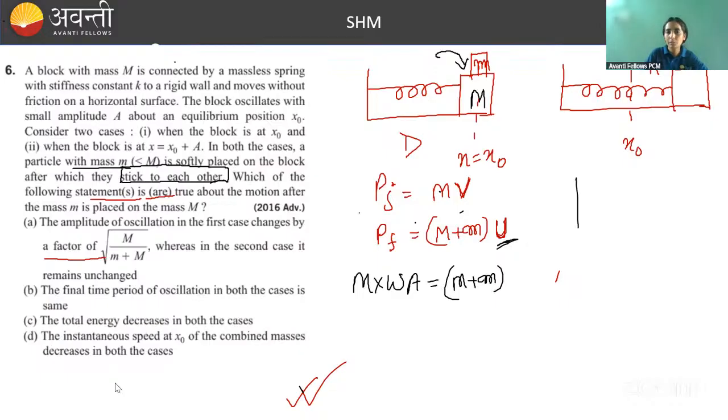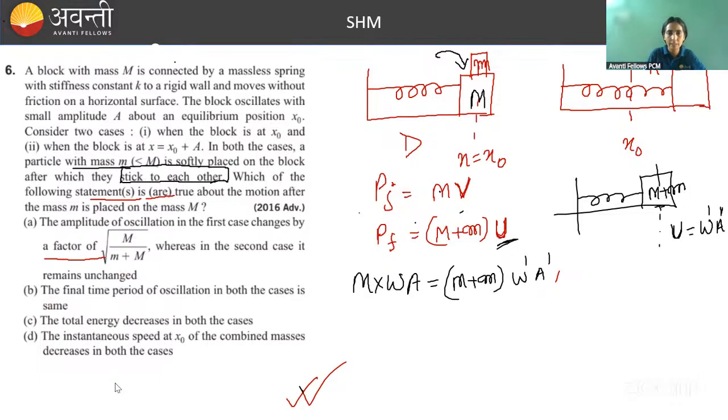This seems like there is a spring and a mass of M plus m performing SHM, and at equilibrium position it has a speed u. So for this new system, this speed u will be equal to omega dash into A dash. Omega dash into A dash.